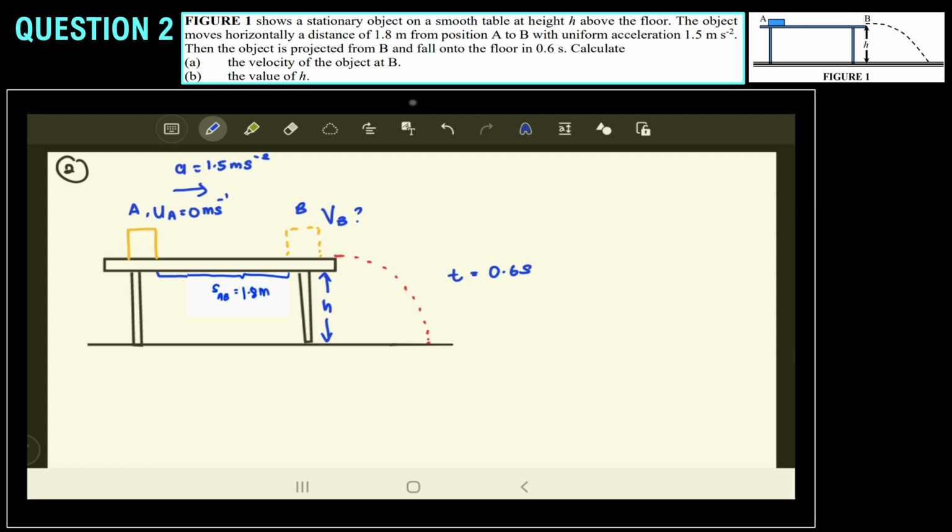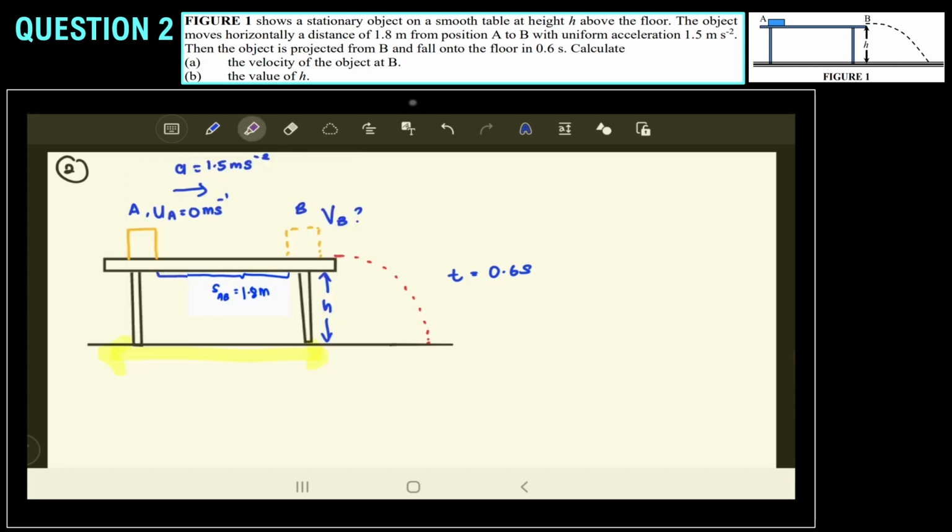Okay, so now let's analyze this question. In this question, we have two parts of the motion. The first one is linear motion, the horizontal linear motion, and second one is projectile motion. From A to B, the yellow color, this is the linear motion.